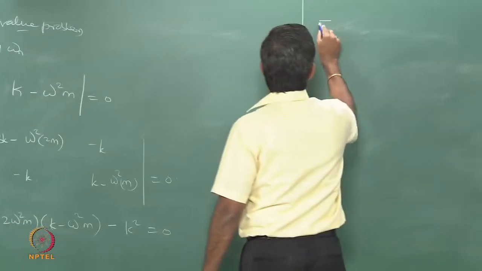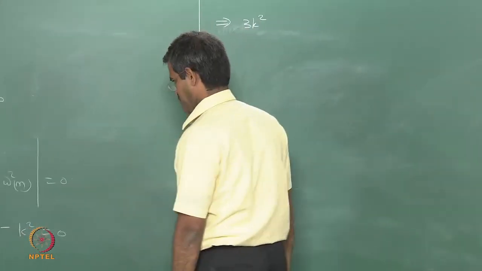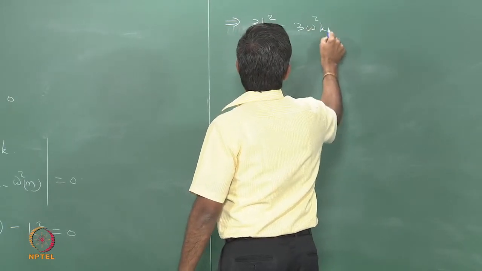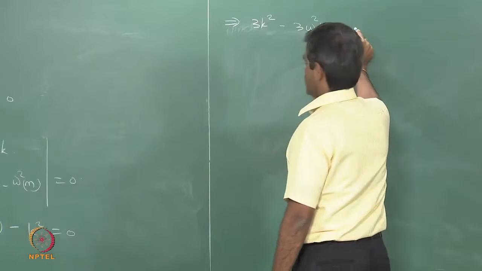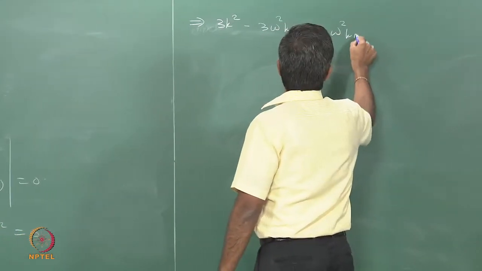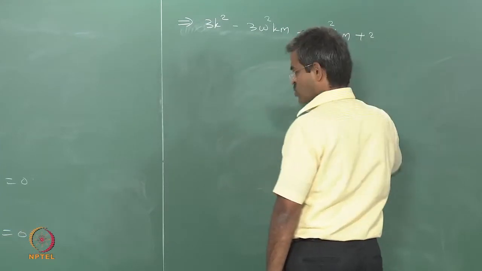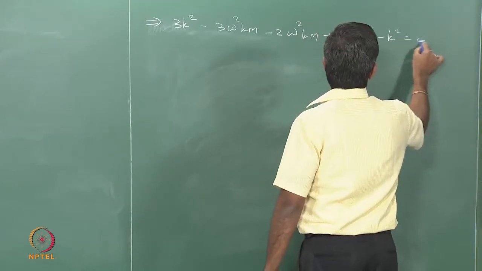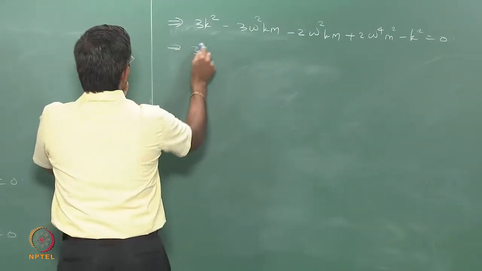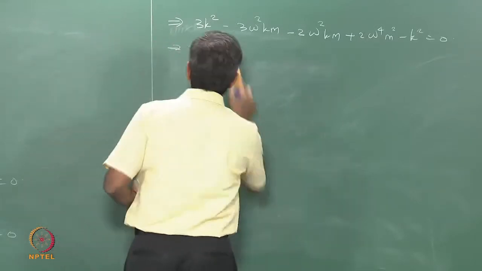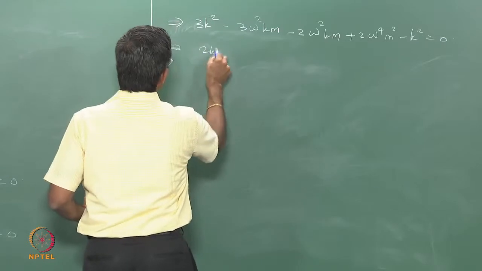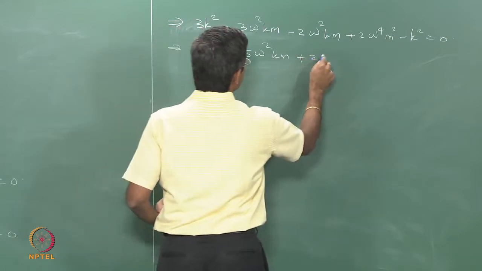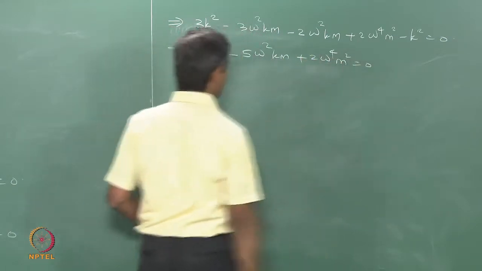So, 3k square minus 3 omega square km minus 2 omega square km plus 2 omega 4 m square minus k square is 0, implies 3k square minus k square gives 2k square minus 5 omega square km plus 2 omega 4 m square equals 0.